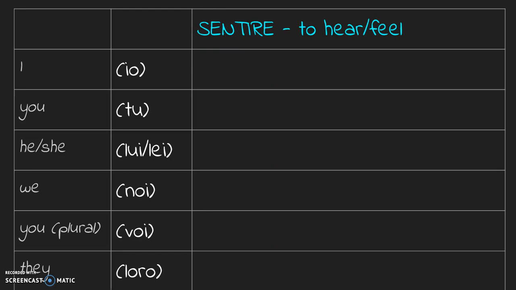Our last group is the ire group, and an example from that group is the verb sentire, to hear or to feel. So again, we remove our infinitive ending, and again, we're left with the stem of the verb. In this case, it's sent.